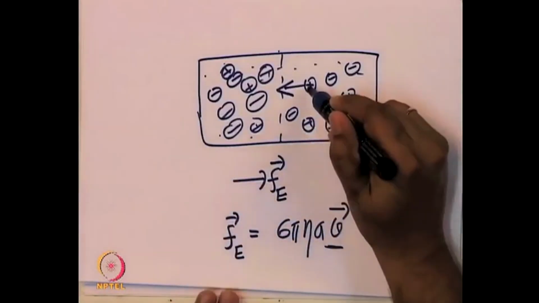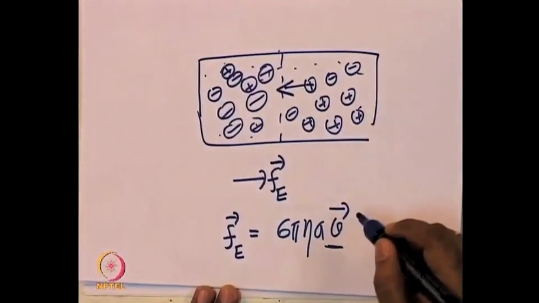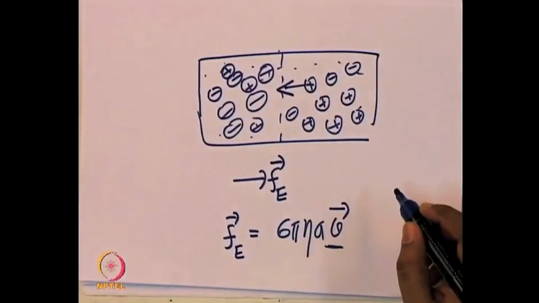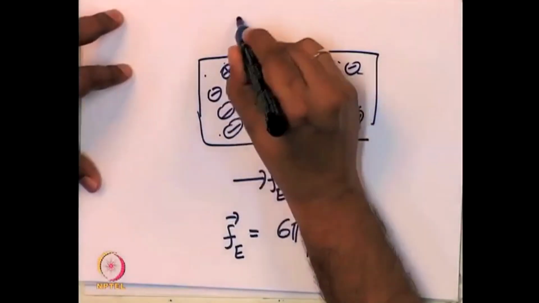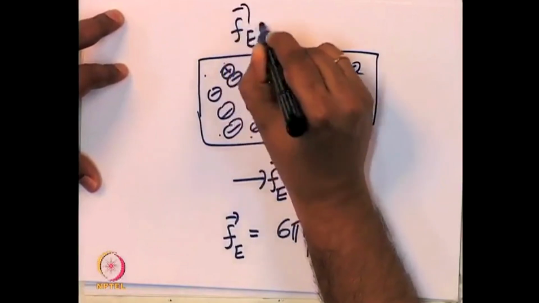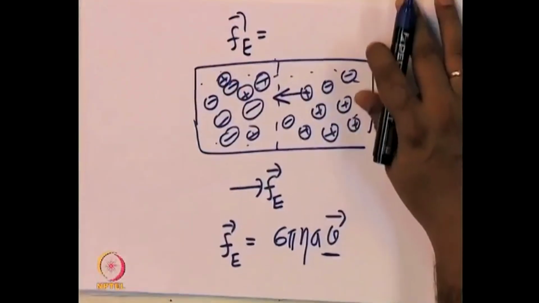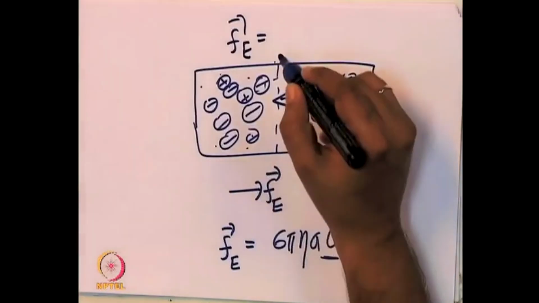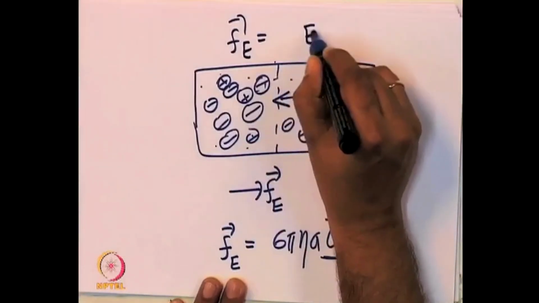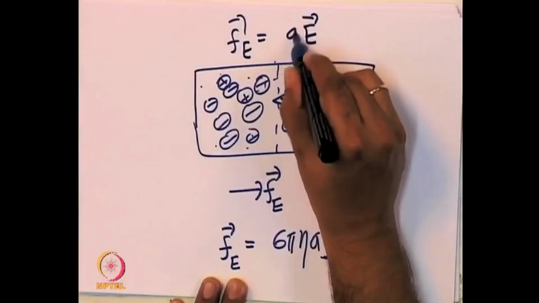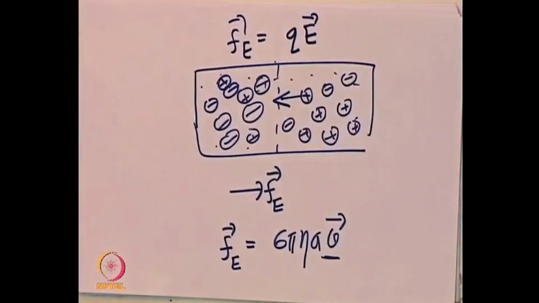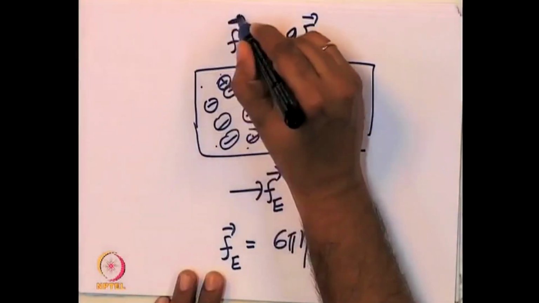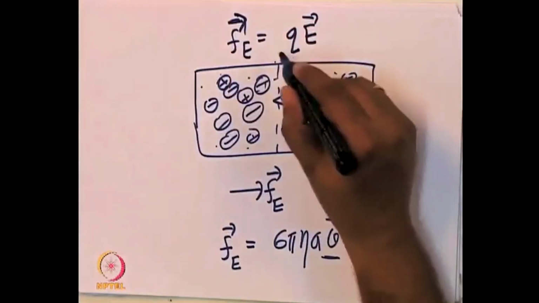So, we know that there is an electrostatic force. Now, how much is this electrostatic force? There will be an electric field. If you have an electric field E, the force is charge times electric field. So, force F is Q times E, charge times electric field.